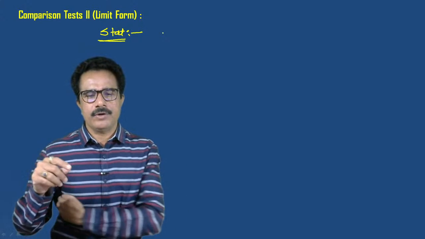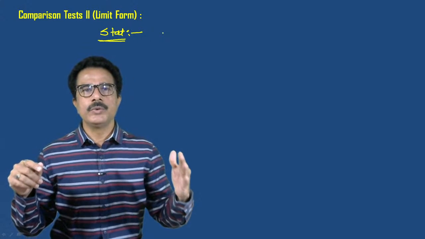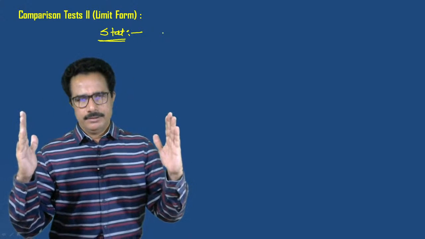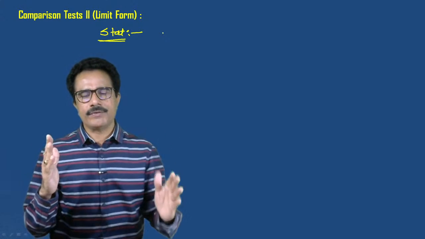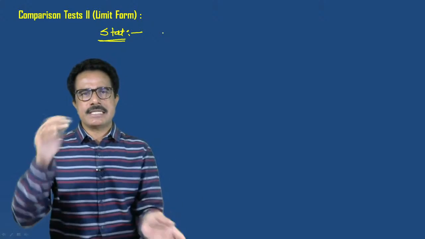If L is non-zero finite, then we can say that the two integrals of f and g both converge or diverge together. म्हणजे f converges असेल तर g पण convergent असतो किंवा g convergent असेल तर f convergent असतो. किंवा एक डायव्हर्जंट असला की दुसरा पण डायव्हर्जंट असतो. ओके, आय शॅल राईट दिस स्टेटमेंट.